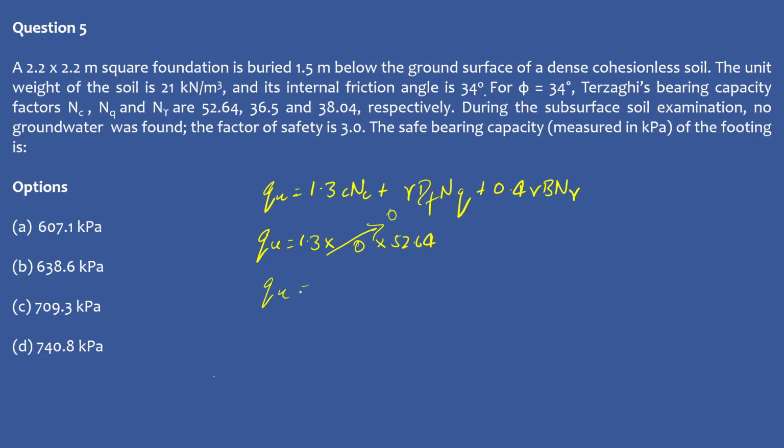So your Q ultimate is none other than gamma Df Nq plus 0.4 gamma B N gamma, with gamma 21 and the depth of the foundation.